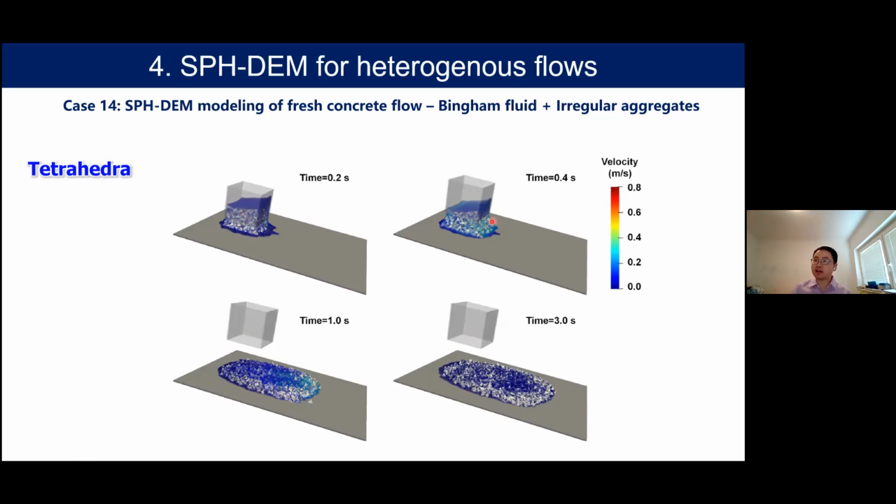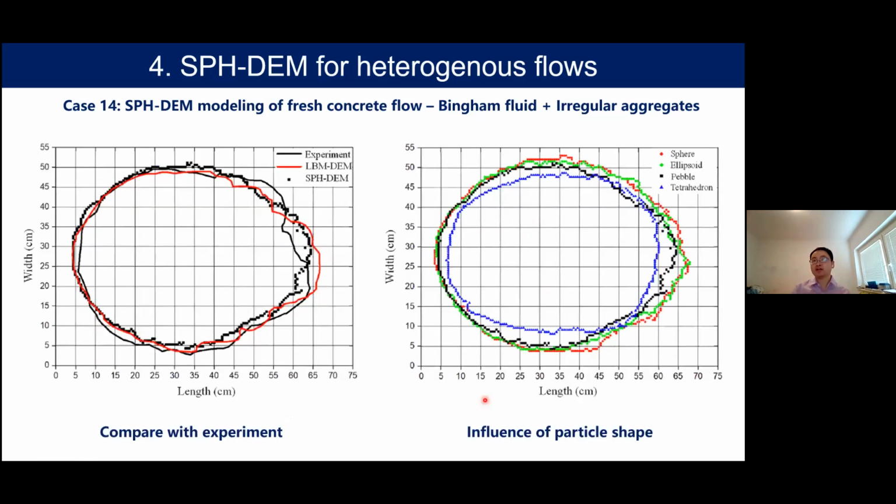it stays much longer in the box, and the spread area is much less because of the interlocking between the particles. And here we compare the numeric simulations with experiments. Here the dots are the simulations from our SPH plus these natural rocks, and it agrees well.